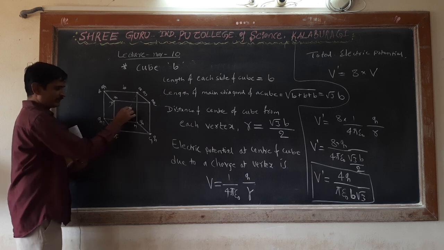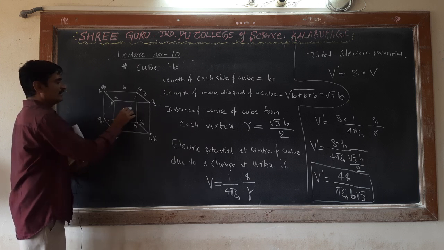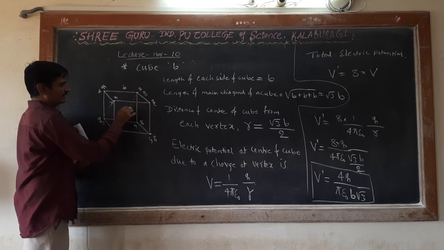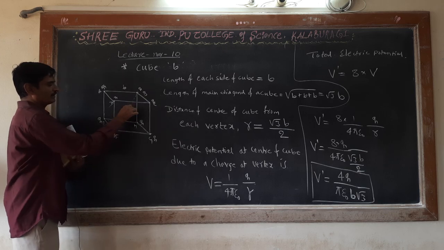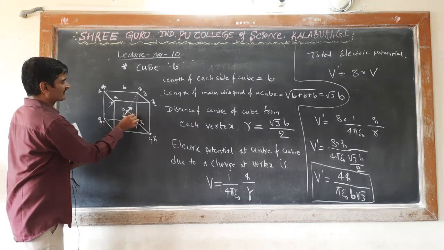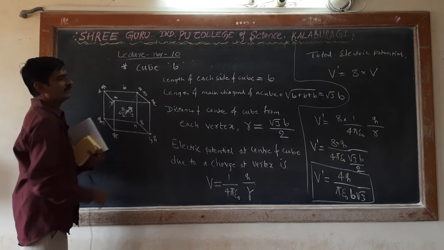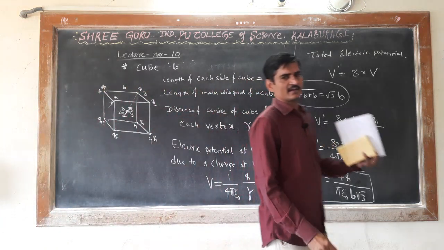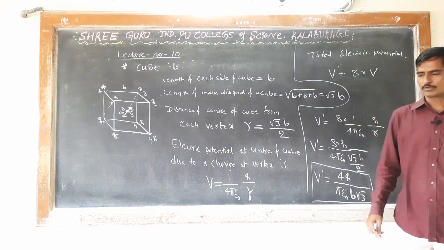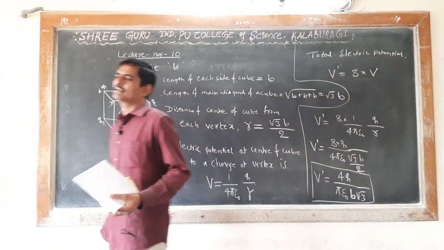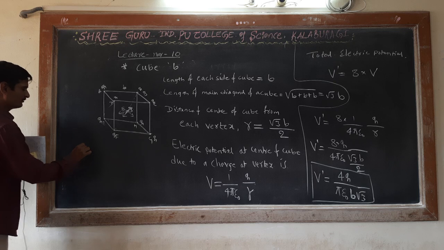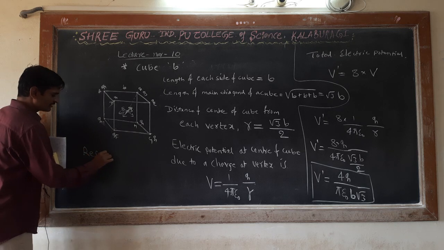So they will cancel each other. So the resultant electric field intensity at the center of the cube will be 0.